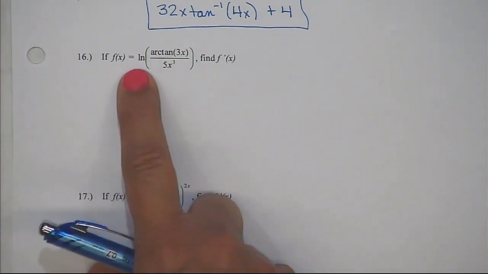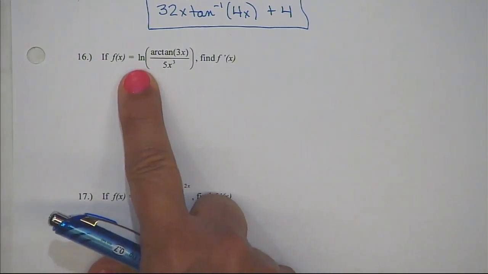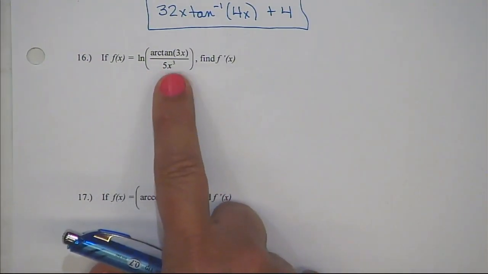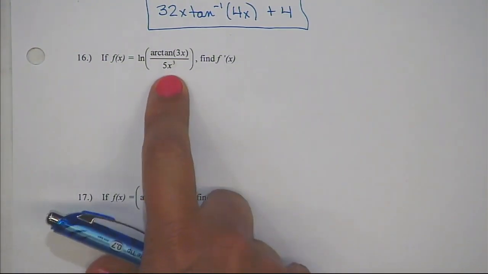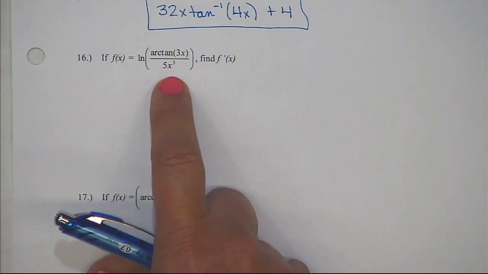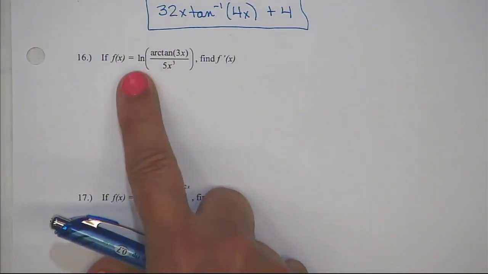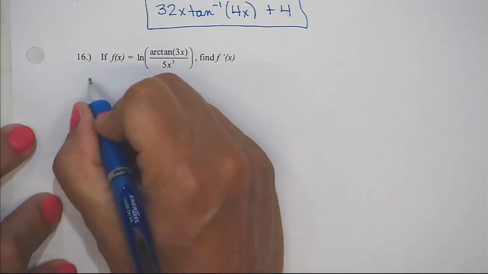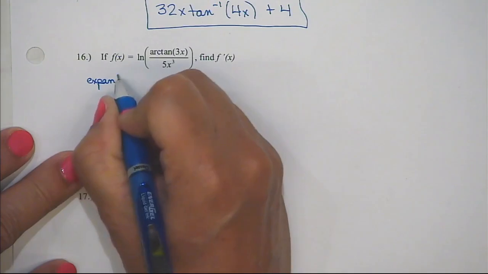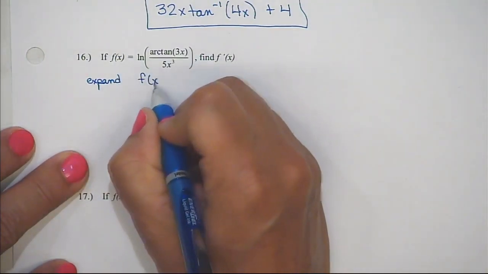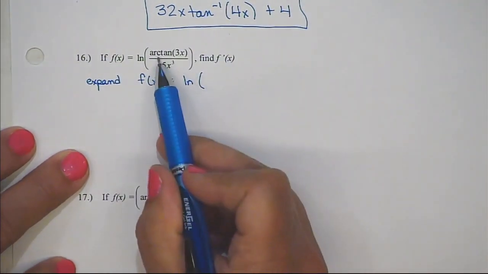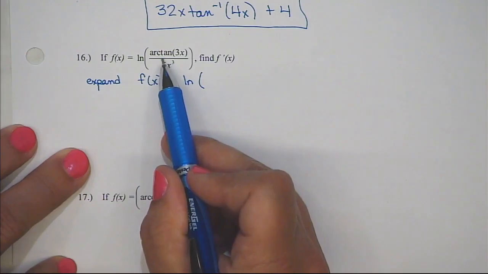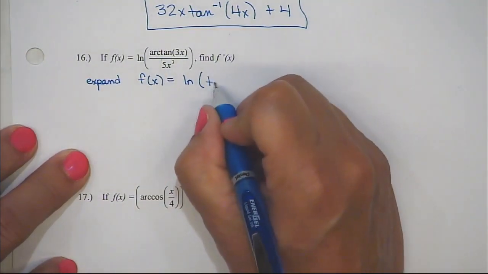The natural log gives me the option of making this a two-part problem with a subtraction, instead of having to do a nasty quotient rule. So I'm going to expand first, not do the derivative yet. So f of x equals the natural log, and I'm going to change arctan to tan negative 1.